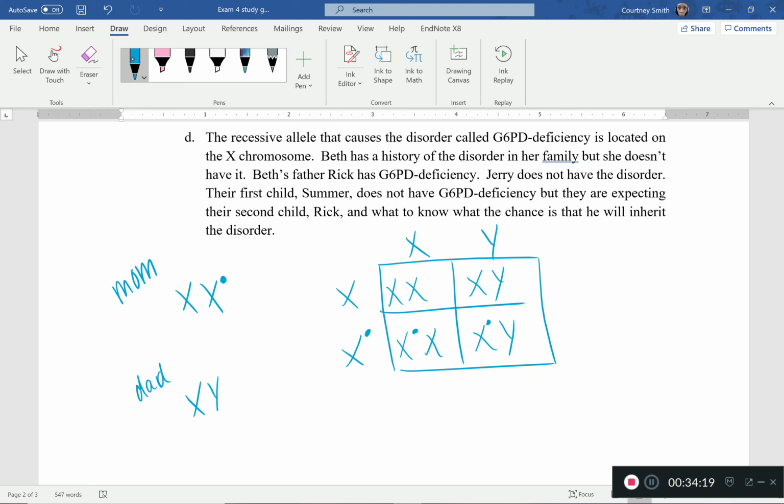Now with the son, if they were to have a son, then there is a 50% chance that the son will have the disorder.